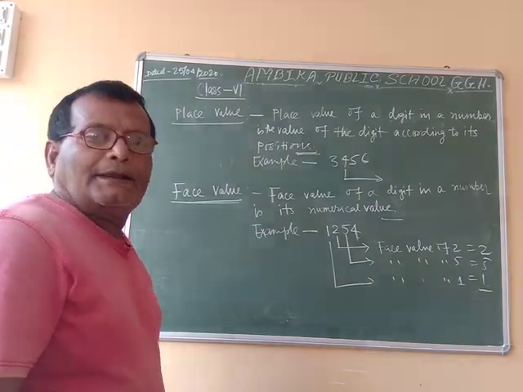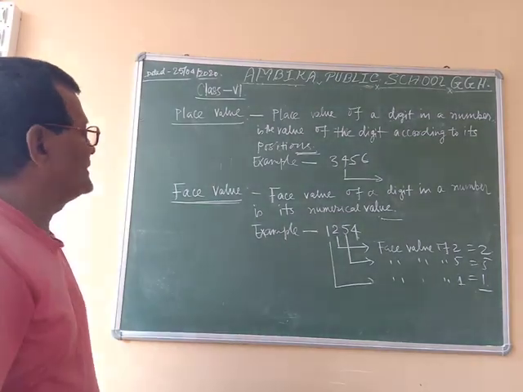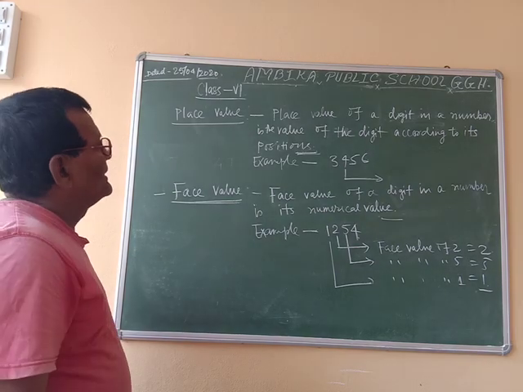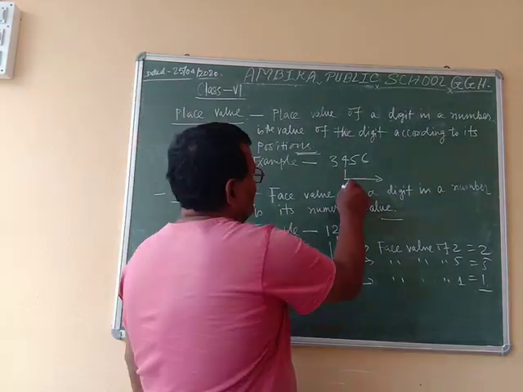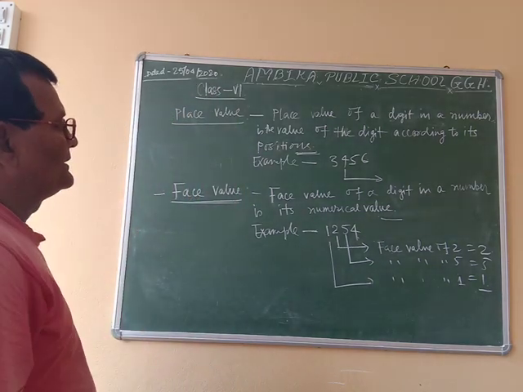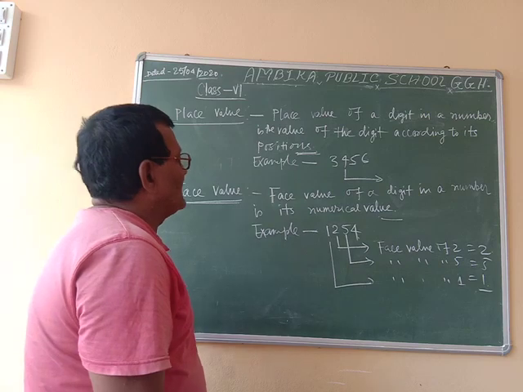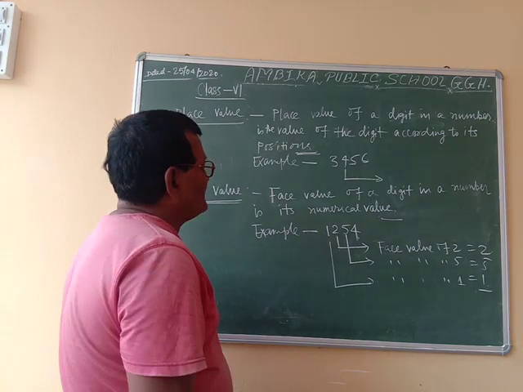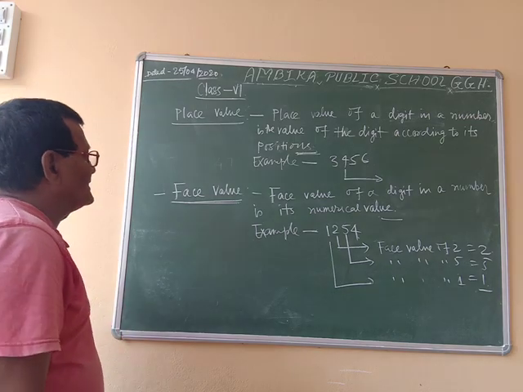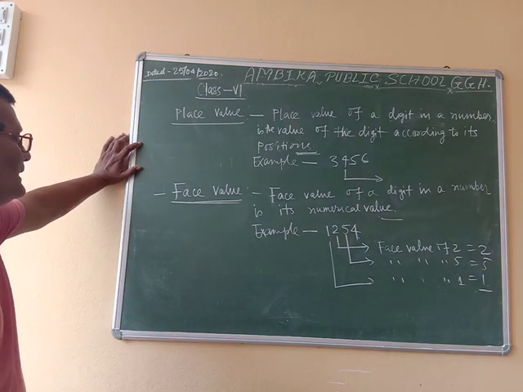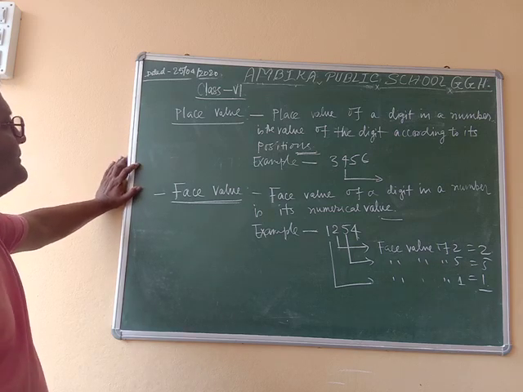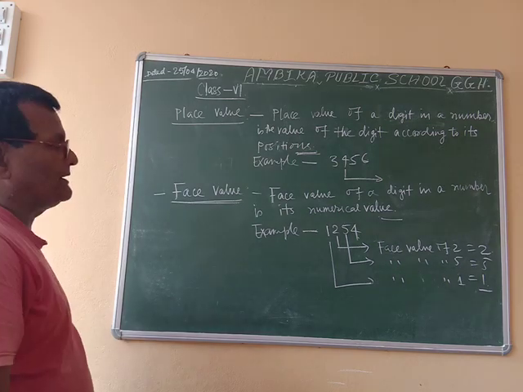About the Indian place value chart. I am going to tell you about the place value chart. If you are given some numbers and you have to put the numbers in the place value chart, there are two methods: Indian place value chart and international place value chart.